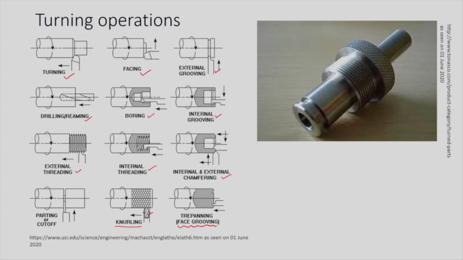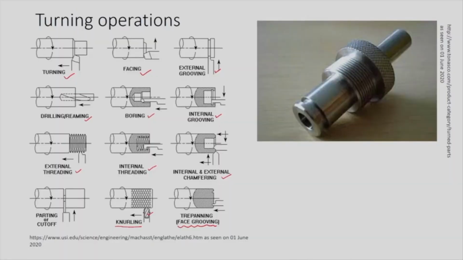So, all such operations need to be carried out on a single part. One such part is there in front of you on the right side. Here you notice the simple turned part has all such operations which I have just shown on the left side part.